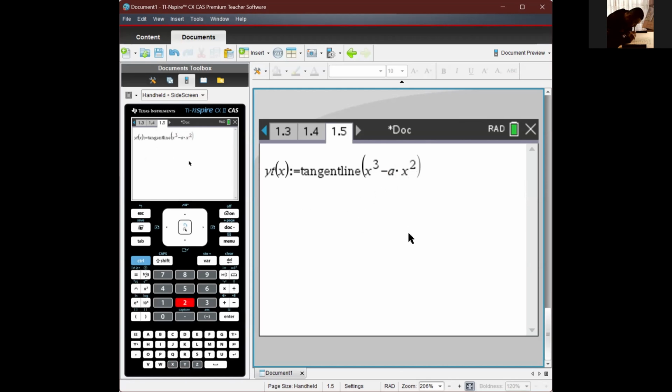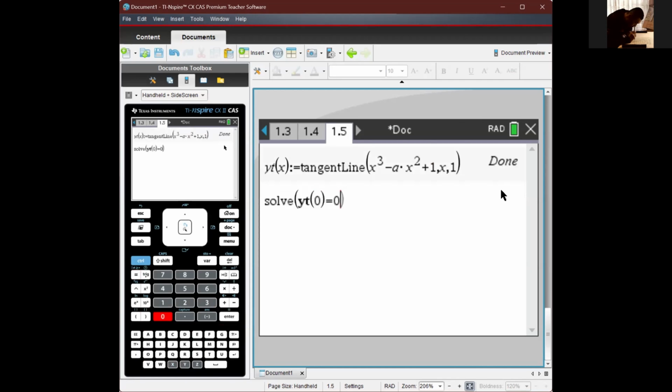You have to put this multiplication sign here, plus 1, comma x, comma 1. And then you just solve yt of 0 equals 0 for a. So a equals 1. So option B is the correct answer. Not very challenging. So let's have a look at the next one.